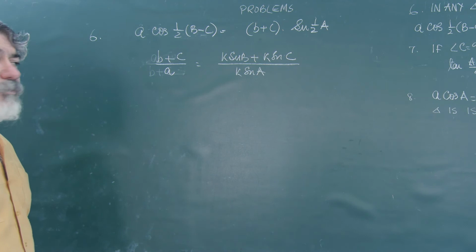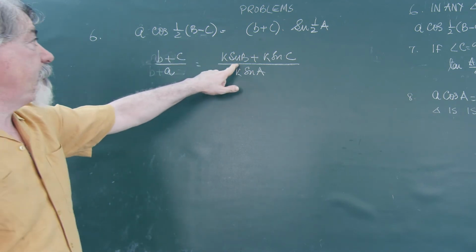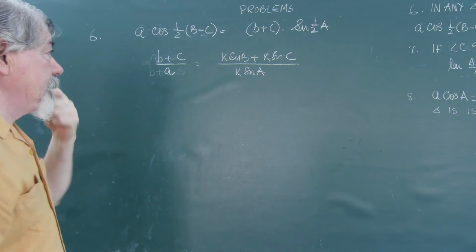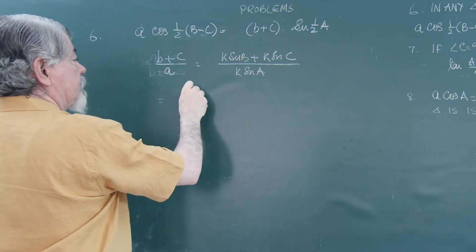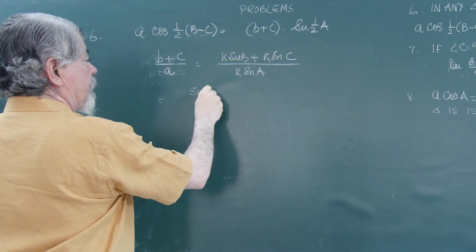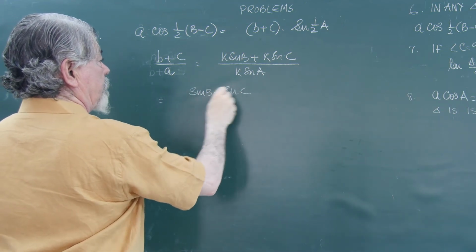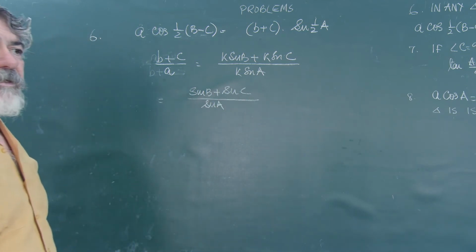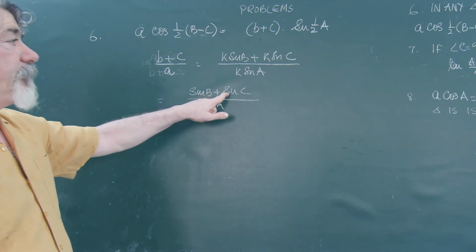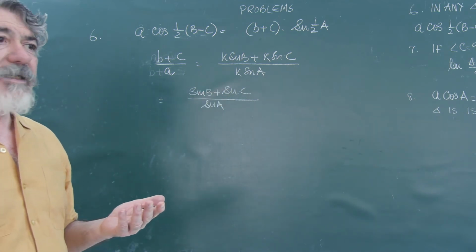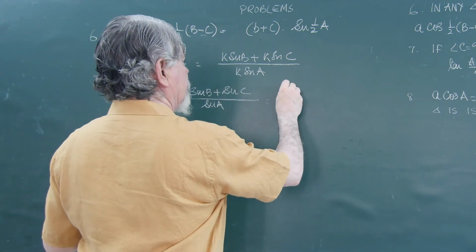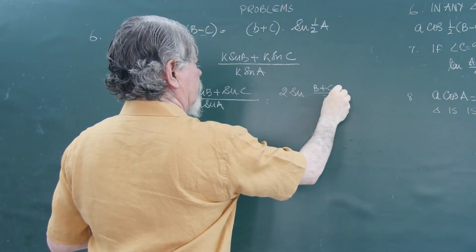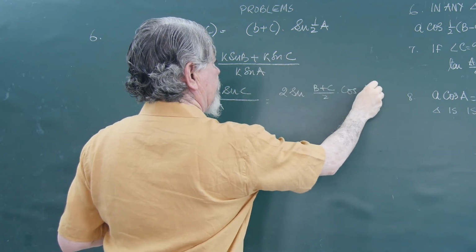We applied the sine rule. For b we wrote k sine B, for c I wrote k sine C, for a I wrote k sine A. Now if I take k common, k will cancel from numerator and denominator, and it will become sine B plus sine C upon sine A. Sine C plus sine D formula gives 2 sine (B plus C) upon 2 cos (B minus C) upon 2.